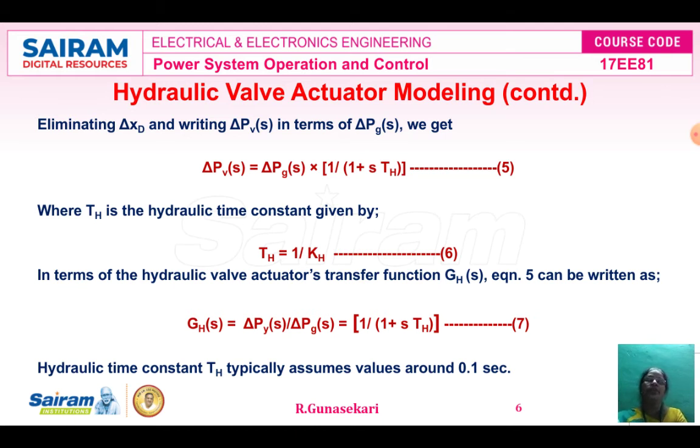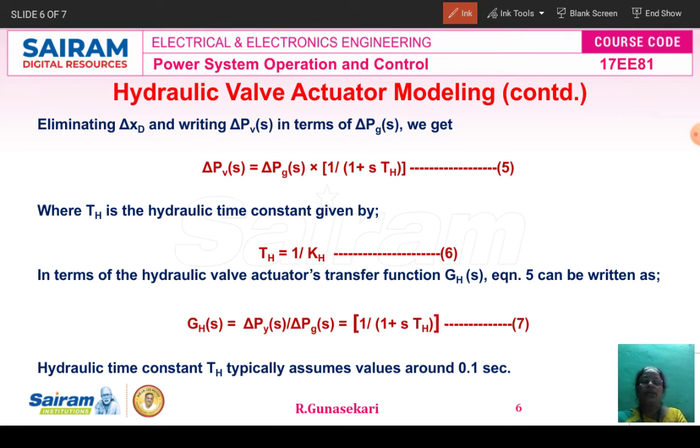Now the continuation of hydraulic valve actuator modeling. Eliminating del XD, we can write the equation for del PV of s in terms of the output of the speed governor, del PG of s.